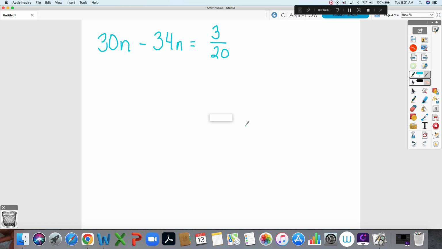When you look at this problem, what's the first thing your mind tells you that you should probably do? Combine our like terms. I have a 30n and minus 34n. So when I combine those like terms, what am I going to end up with? Negative 4n.